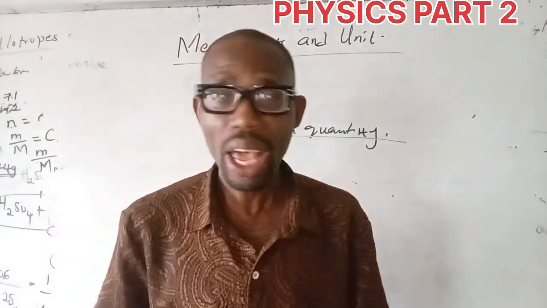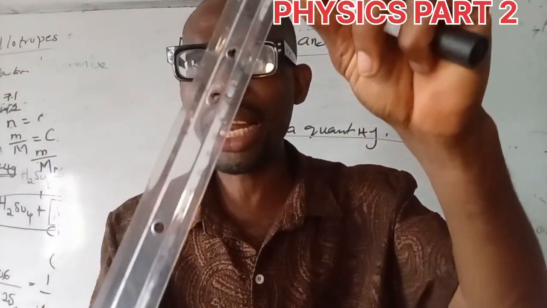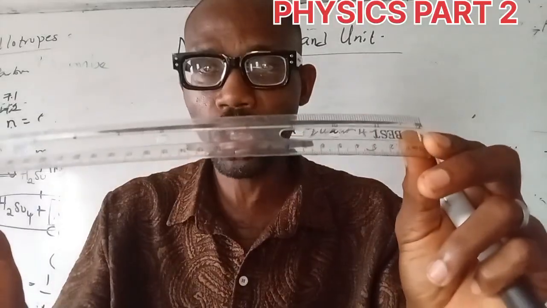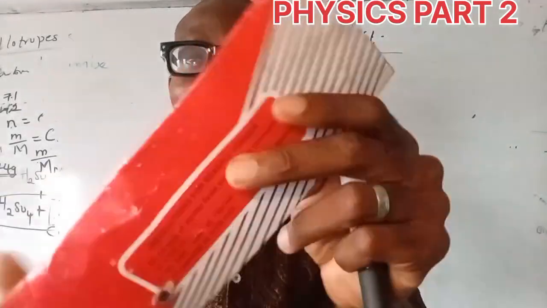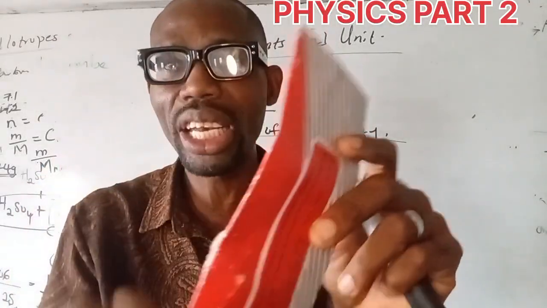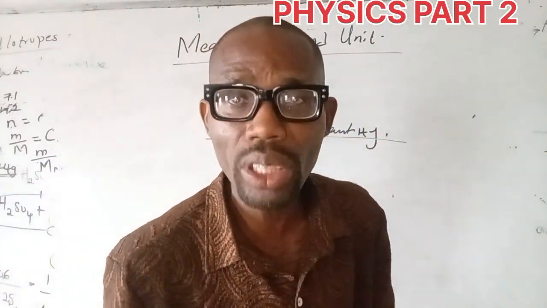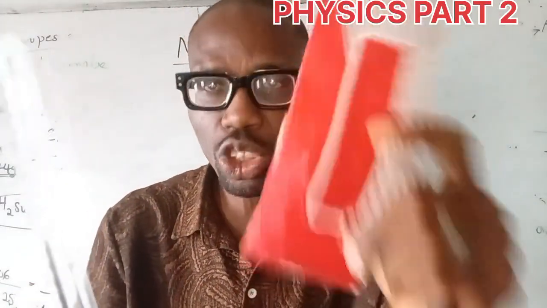So I gave you examples like, look at this. This is a meter rule now. It's already calibrated, meaning it has a known reference. Those numbers are the calibrations. Okay, but look at this particular item now. There's nothing on it. I want to know the length of this item. If I'm going to know the length of this item, I will bring that thing that is to be compared with this that is not measured.